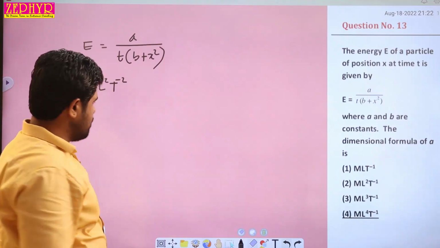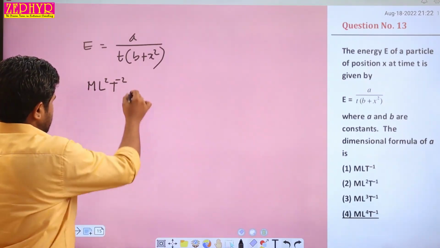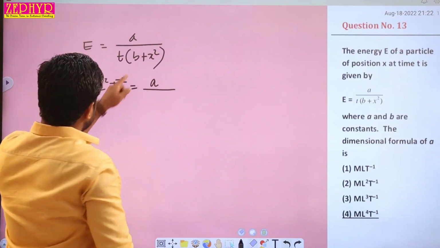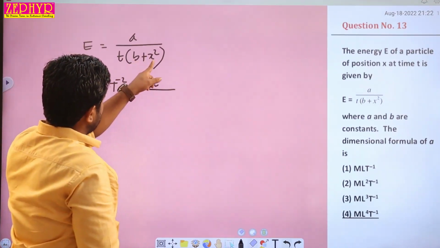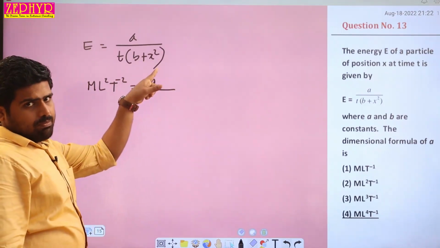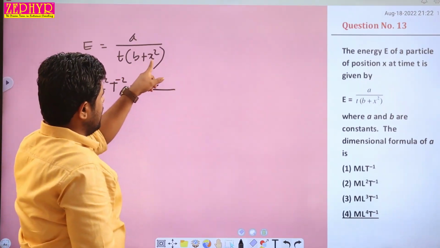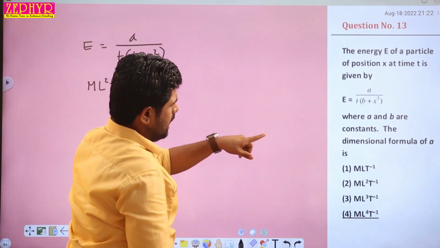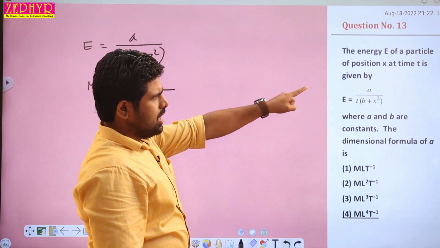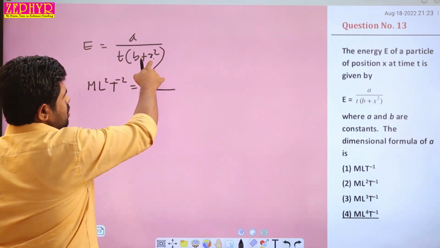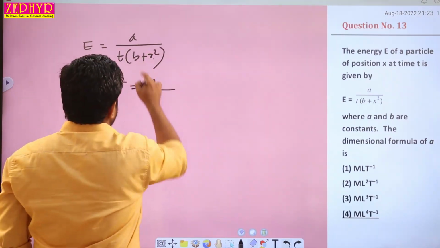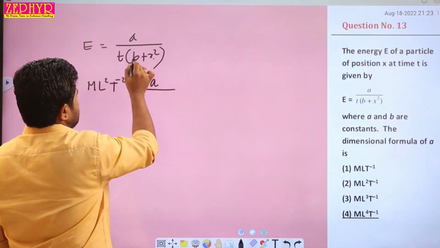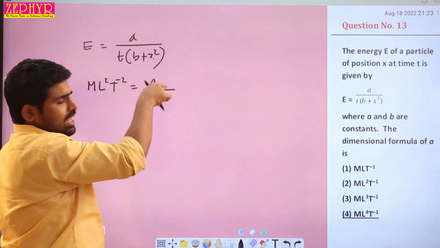So this one is the dimension of energy, and it is equivalent to A divided by, see here, the dimension of x square and the dimension of B are same. x is the position, so the dimension of x is L. So the dimension of x square is L square, plus the dimension of B, that is again L square.